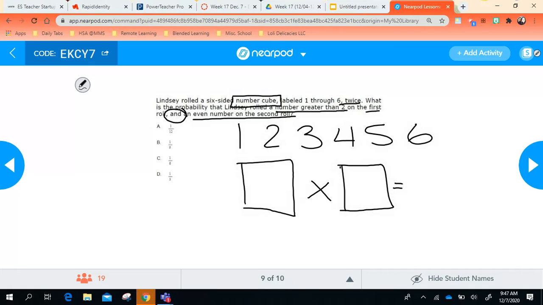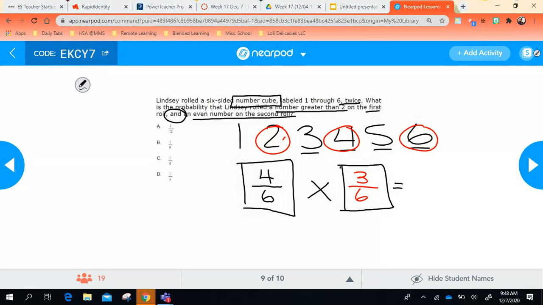Emily, which numbers are greater than 2? 3, 4, 5, 6. Perfect. That's 4 numbers, so 4 out of 6. And then even number. Ruby, which numbers are even? 2, 4, and 6, which is 3 out of 6. Perfect. So now we're just multiplying across.